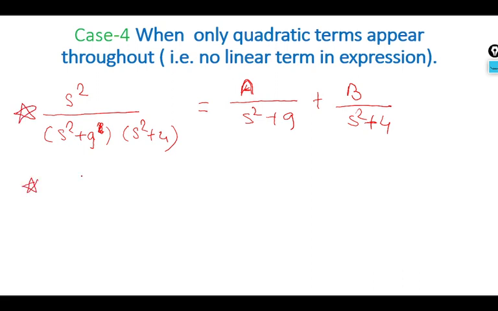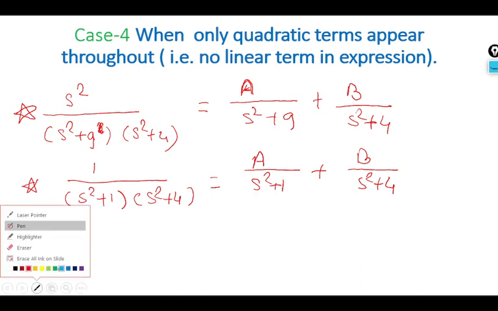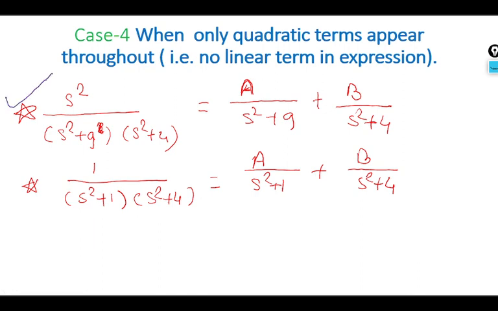For the second example, suppose 1 upon s square plus 1 into s square plus 4 is there. That time also the simple partial fraction works, say a upon s square plus 1 plus b upon s square plus 4. So this is the second. Let me complete the first one to get a and b.